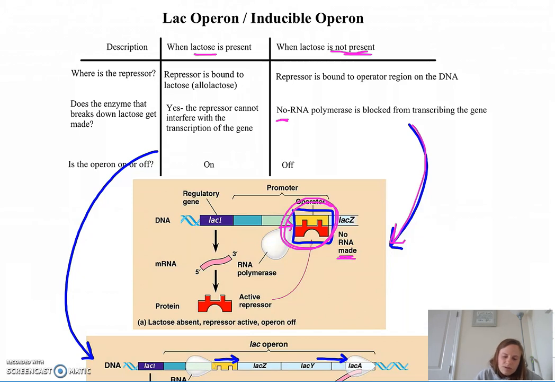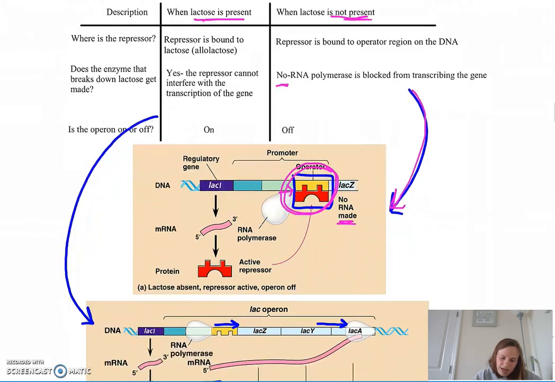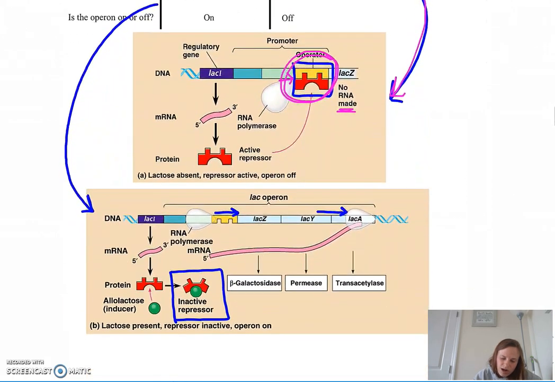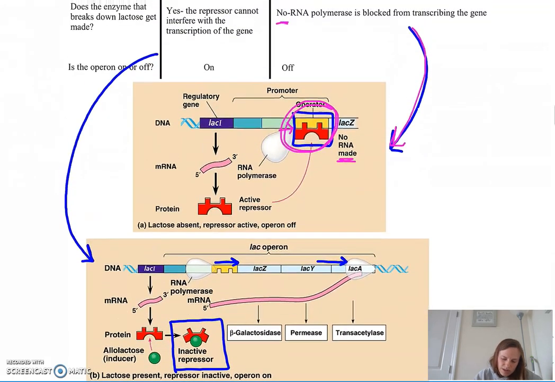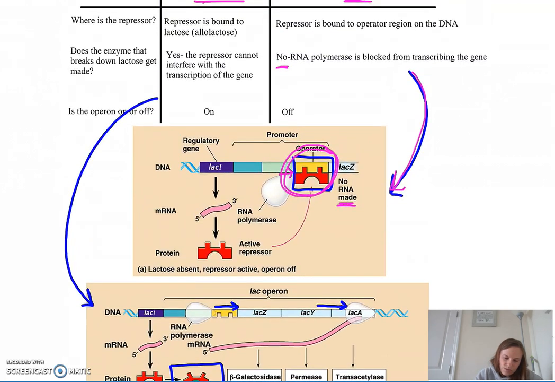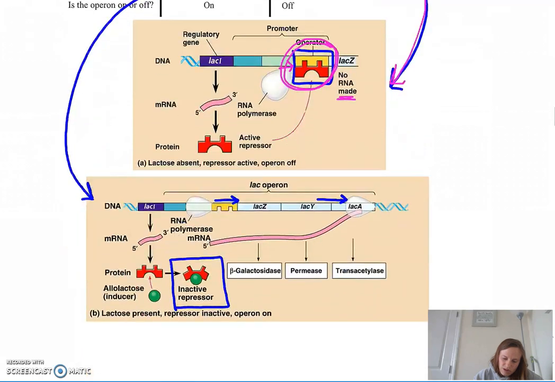But what if lactose is present? Well, now what we've got is the repressor bound to that lactose, or allolactose. So here you've got the repressor bound to that lactose. And what that does is inactivates the repressor.